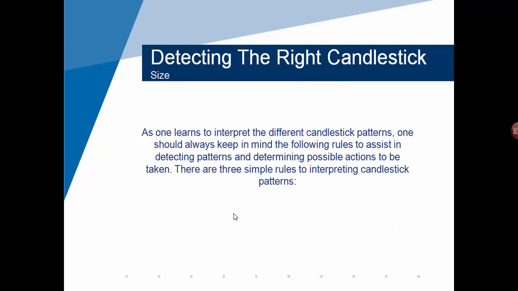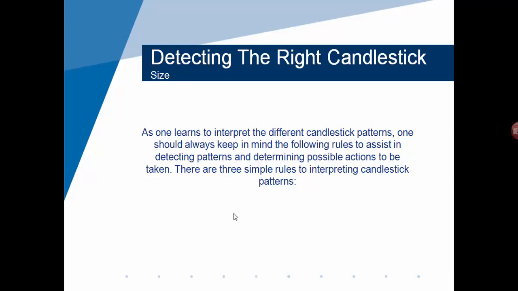All right, detecting the right candlestick. Now, as you practice and learn, you'll understand that size does matter when it comes to Forex. And what we want to do is be able to detect these patterns and determine possible actions before taking them. Now, there are three simple rules to interpreting candlestick patterns.